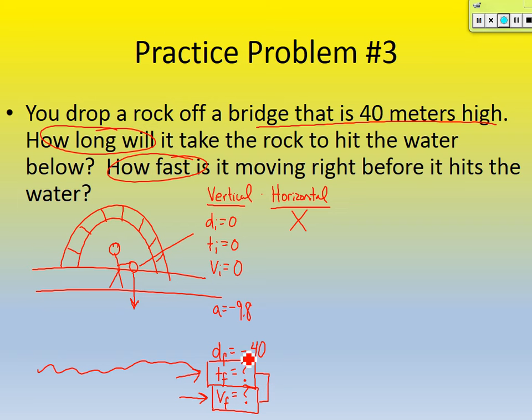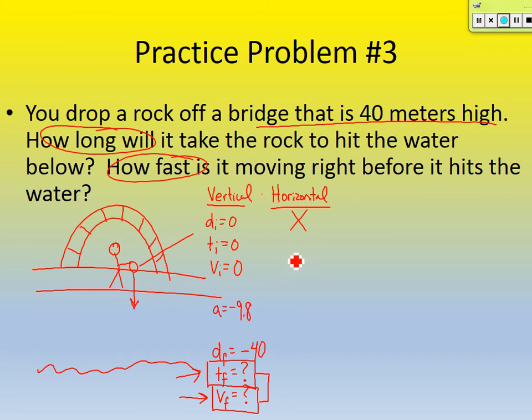Displacement is equal to velocity initial, which we have, times time, which we don't have, plus 1/2 a, which we have, times t squared. There's an equation that we can use, because in equation number 4, we only have one variable that we don't know, and that's time. So let's use equation number 4 to solve for time.